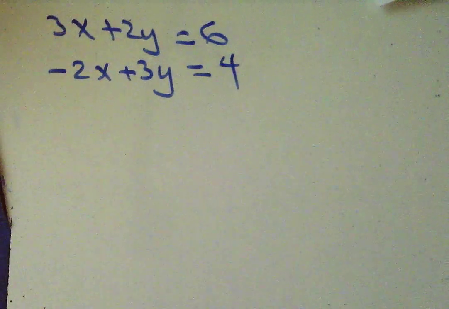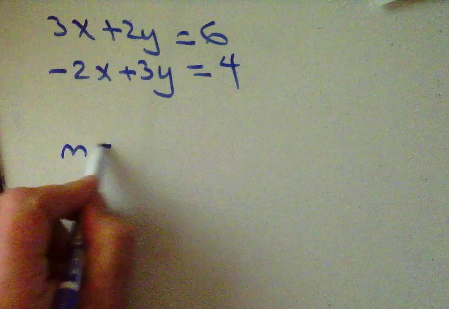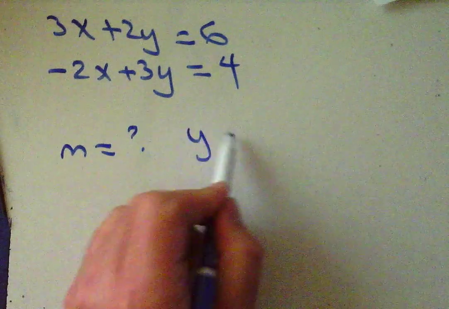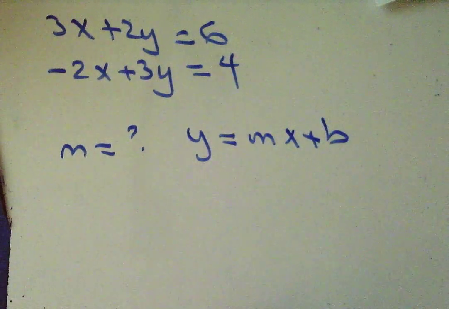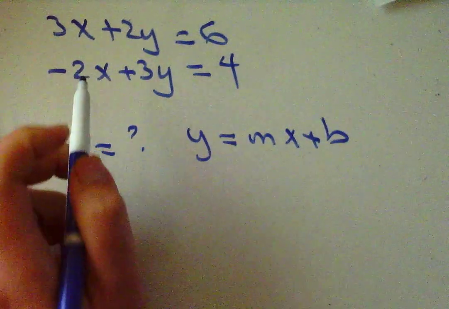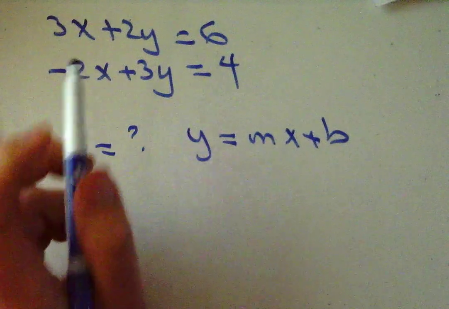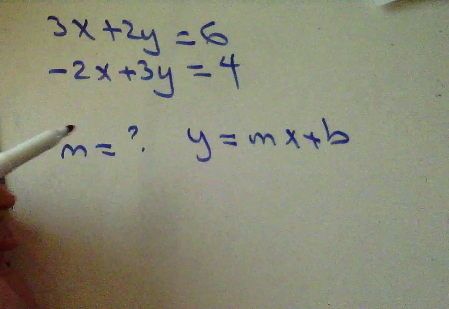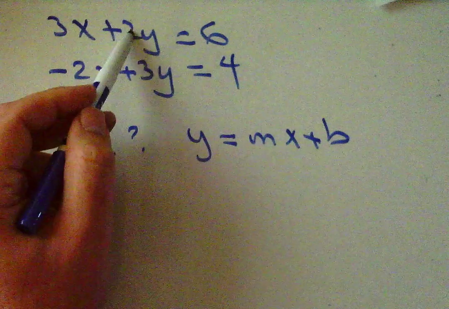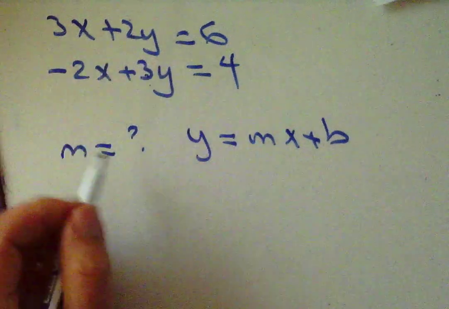And for me, what I need is to know what the slope is. And that's easiest if I have slope-intercept form. So I want to solve each of these equations so that they're in y equals form. That means I want to move this x stuff over and then divide by this coefficient in front of y.